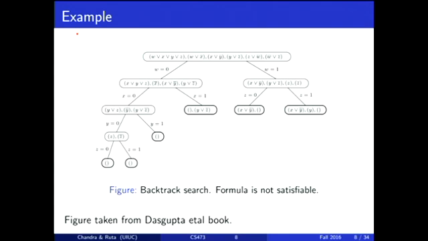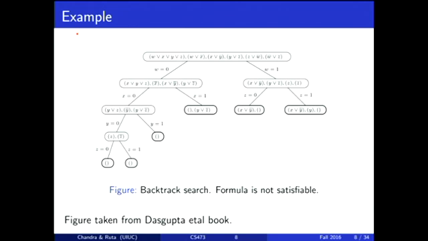What is the advantage of doing this incrementally? If you set w equal to 0, the formula simplifies. If w is 0, this clause cannot be satisfied by w, so we delete that variable from that clause. Where is w? Here.